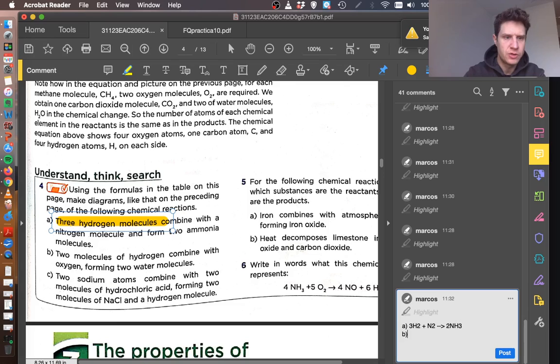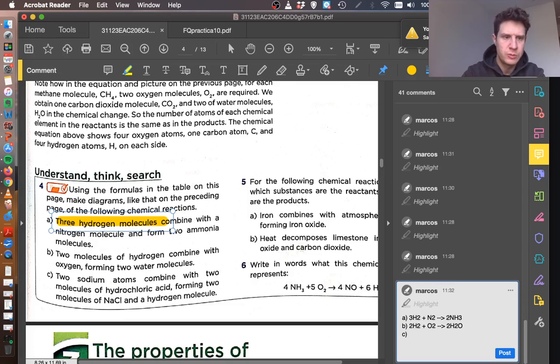B will be 2 molecules of hydrogen combined with 1 molecule of oxygen. And as a result, how many molecules of water do we have? 2 molecules of water, 2H2O.